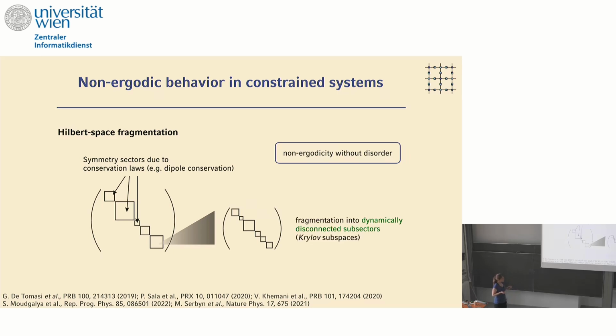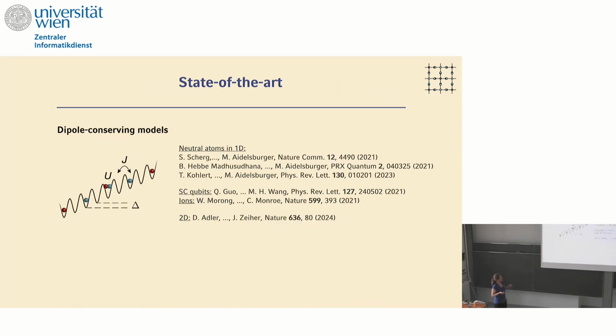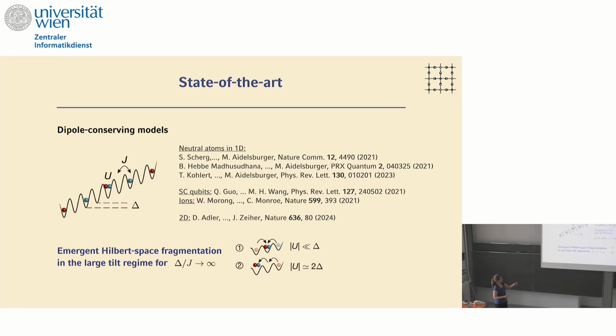And so these disconnected subsectors are Krylov subsectors. And one very easy realization are tilted lattice models. So here you have dipole moment conservation, and you isolate correlated hopping processes in the system. So I think I've drawn them here. So you can isolate processes such that single particle hopping is essentially blocked.